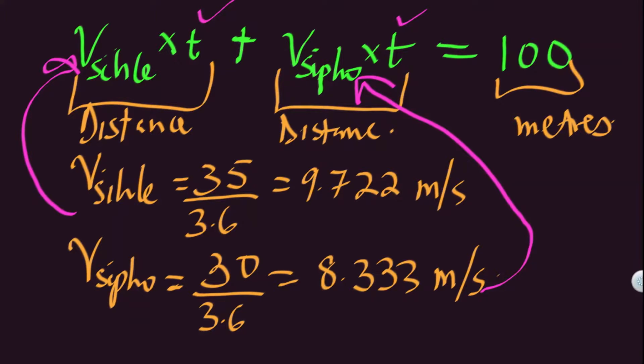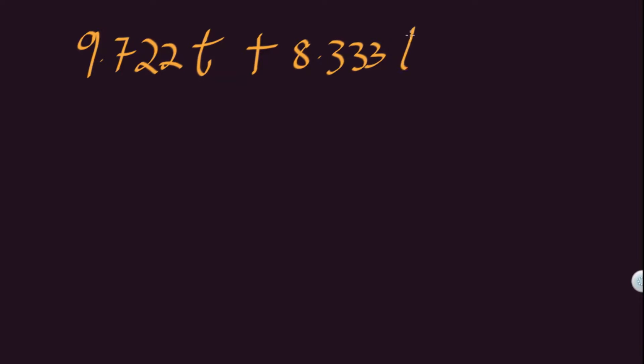Once we have our t, we are almost there. So let's wrap here and rewrite the equation. In fact, I'm just going to do the substitution, and we calculate our t. So v Sihle is 9.722 times t plus the v for Sipho, which is 8.33 times t. All this should be equals to 100.